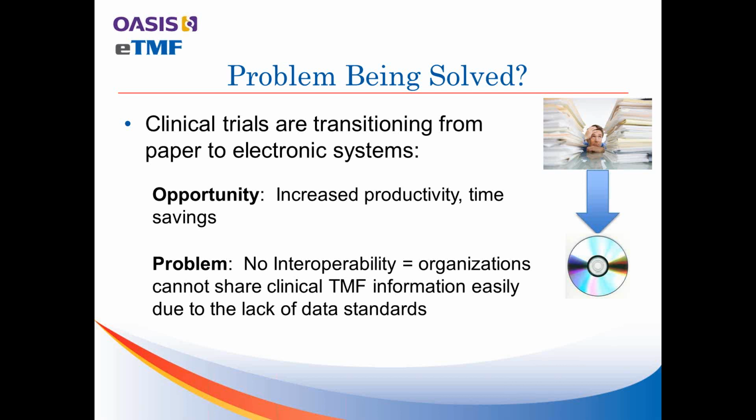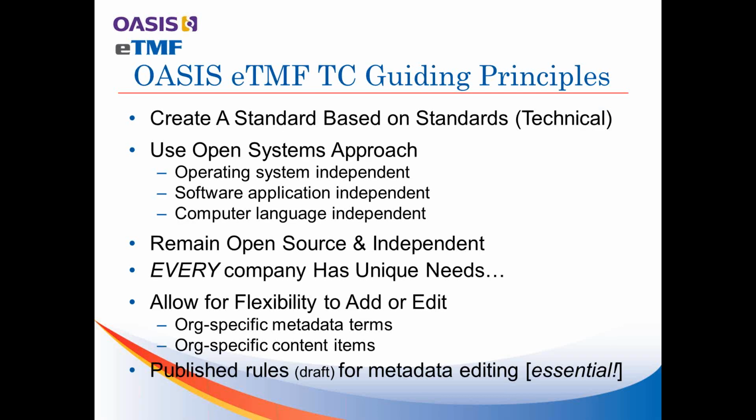So what that means is there is a standard set of terminology and what we call content types, which are really, think of them as digital files. It could be an image, it could be a record. But then beyond what is considered these basics, we can actually enable organizations to add to that and tailor it to their specific needs. In order to allow the flexibility, there has to be a set of published rules for the metadata editing, and that's included in the specification.